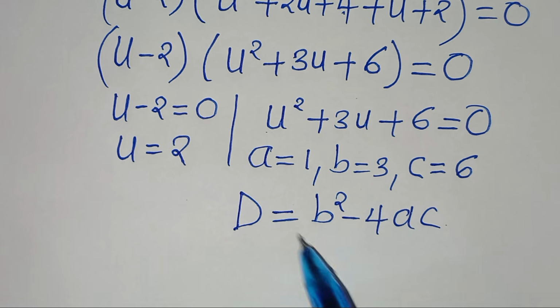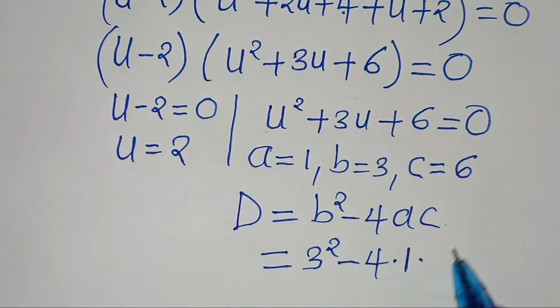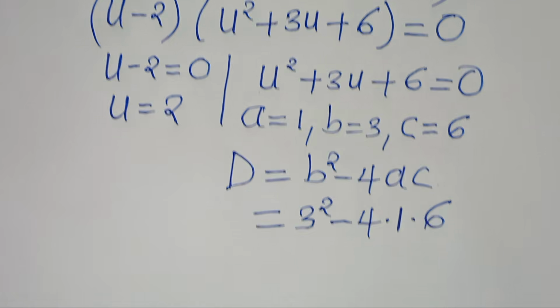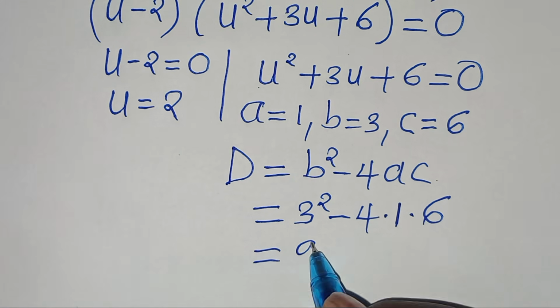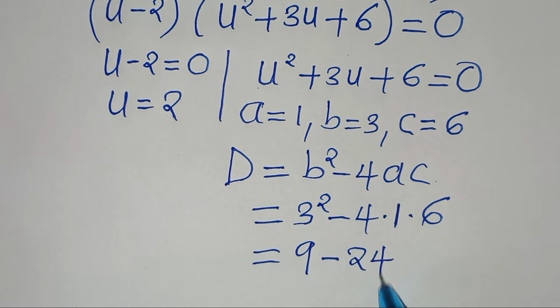Now let's substitute the values of A, B, and C in this formula. So this is 3 squared minus 4 times A, which is 1, times C, which is 6. So this means that 3 squared is 9, subtract 4 times 6, this is minus 24.